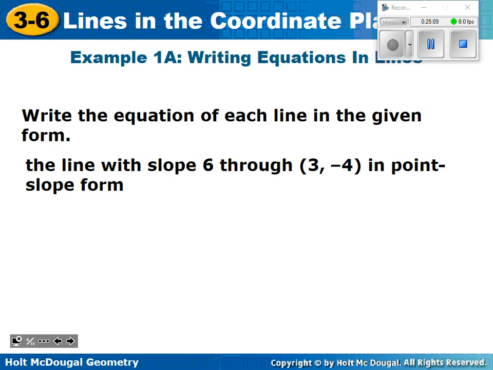Write an equation of each line in the given form. Be careful. Oh, I knew it was going to do that. Let me stop it and restart it.